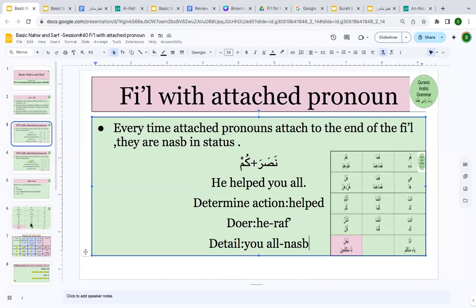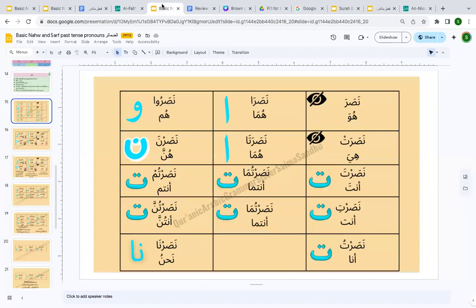Okay, so now this table, I have added it to the slide so that when you see this attached pronoun, you know that now we have taken another step. The first step was to identify the inbuilt attached pronoun in a fa'il, right? The ta and the alif and the waw and the noon and the na were the inbuilt pronouns of your fa'il, and those were also attached pronouns.